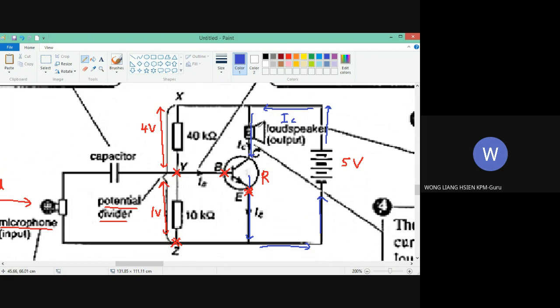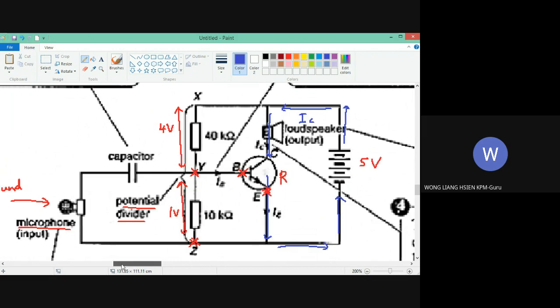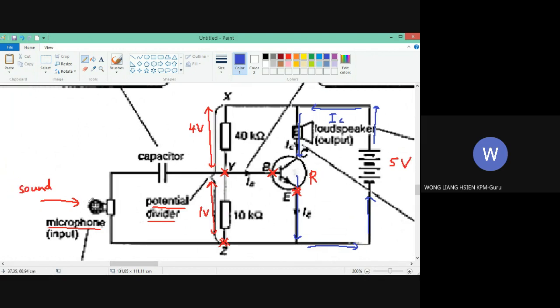So this will make the loudspeaker's diaphragm vibrate with the same frequency as the sound that goes into the microphone. So the sound produced by the loudspeaker will be louder.